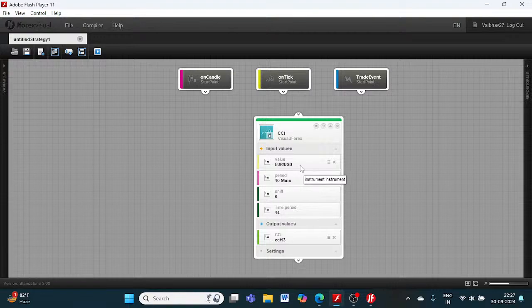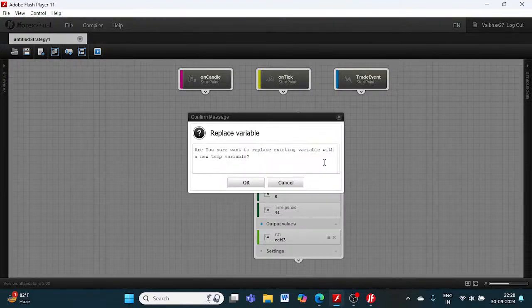The default instrument: any instrument of your choice can be utilized for the purpose of building the algorithm. Usually, I work with the EURUSD, but it's not mandatory. You can always change the default instrument if you are creating the algorithm for another forex pair or forex cross in the market. You can change it anytime.